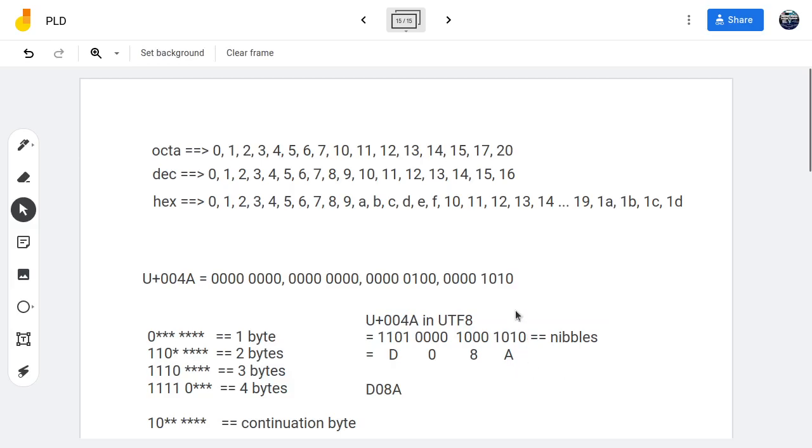Therefore, if you're writing your program, you are checking to see does this guy have more bytes. You're checking the significant bytes.